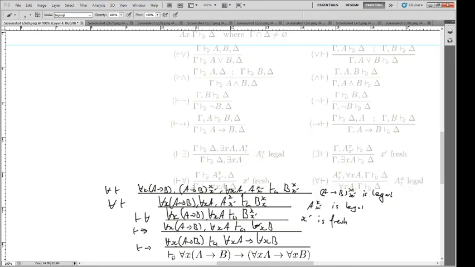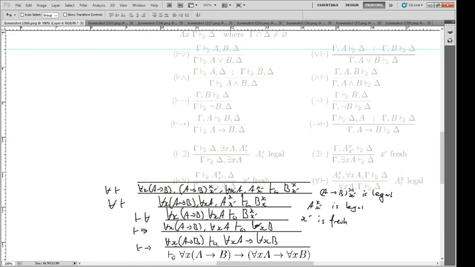I think I'm going to rewrite this though, because we can't apply it yet. So I'm just going to rewrite A implies B with the substitution as A substitution B substitution.